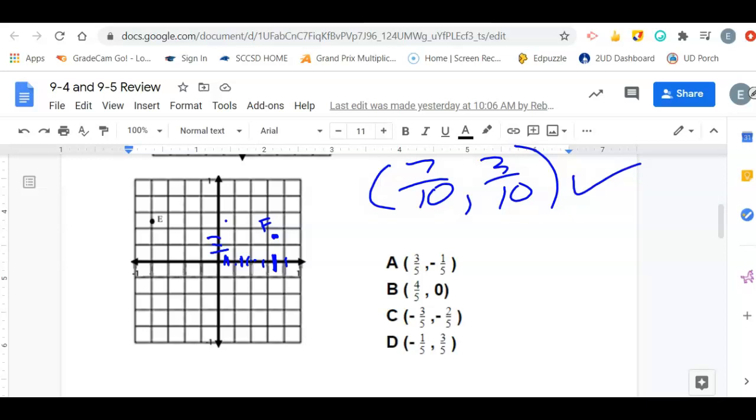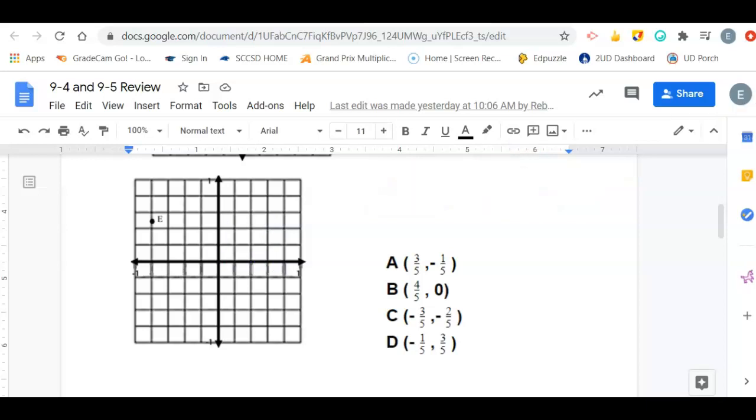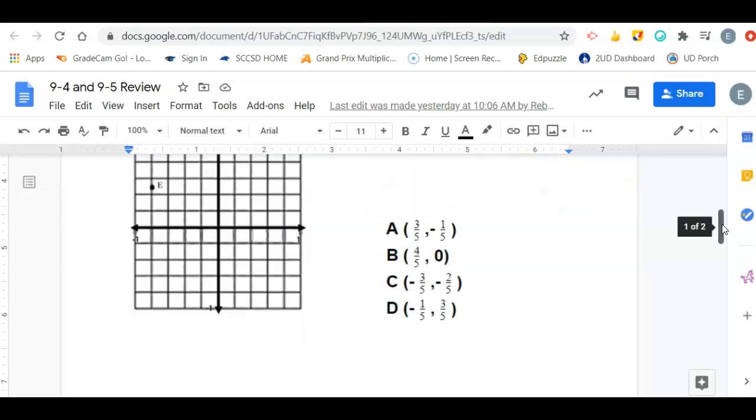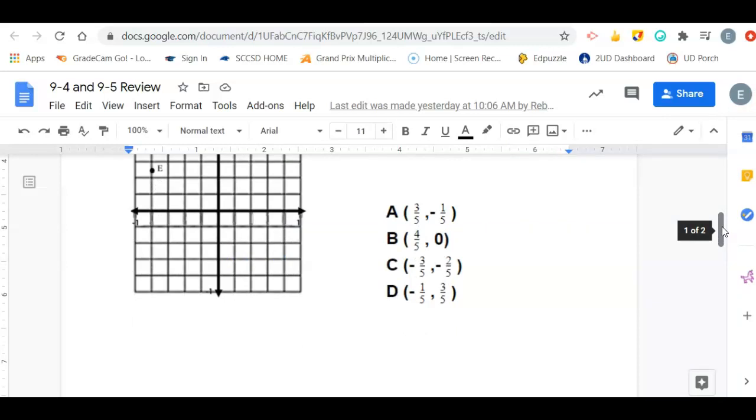All right. Dan, you go ahead and show me a reflection across X and Y for point A. What is the reflection across X and Y axis for point A?